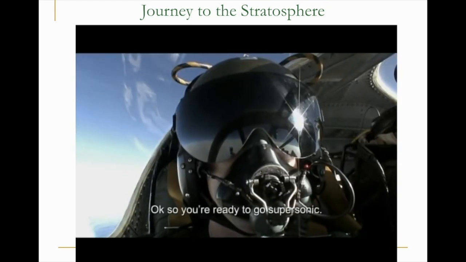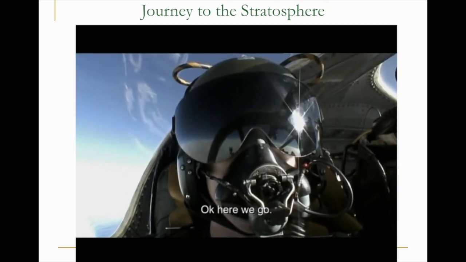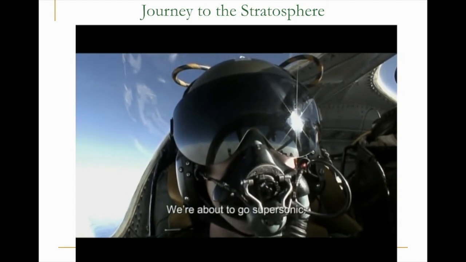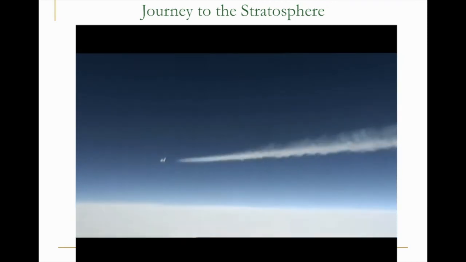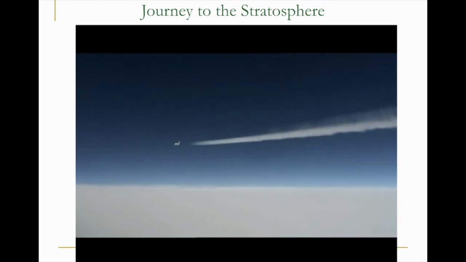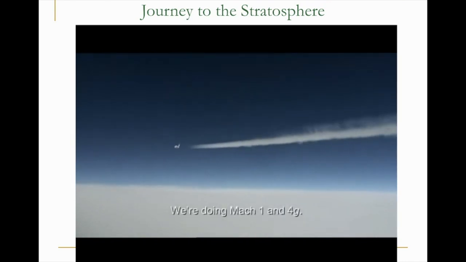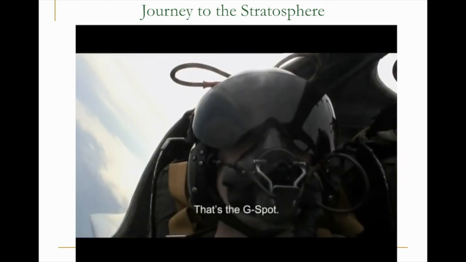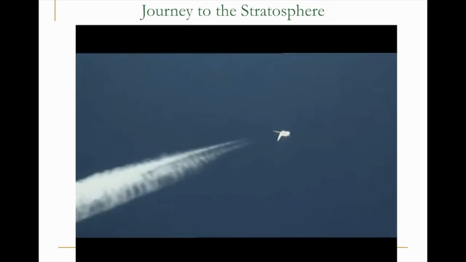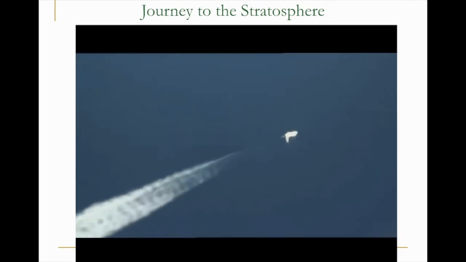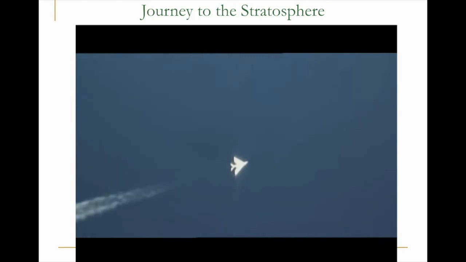Okay, you ready to go supersonic? Okay, here we go. We're about to go supersonic. I'm going to be Mach 1. We're approaching 45,000 feet, and we're about to cross an invisible boundary in the atmosphere.